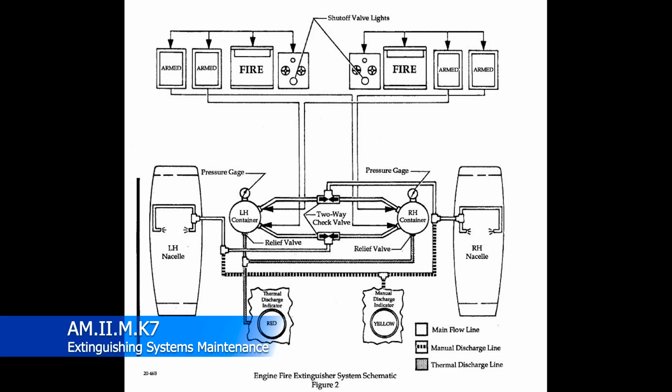First off, we're simply going to check the pressure on the fire bottles. You see the two fire bottles there, both in the aft avionics bay. They're about the size of a large honeydew melon, and they're very easy to see. They both have Bourdon tube gauges on them that tell you where the pressure in the bottle is at.